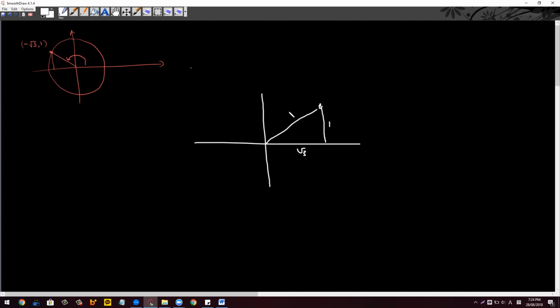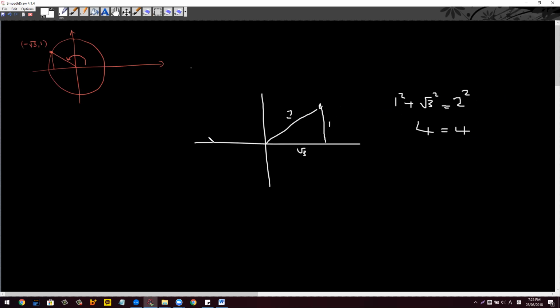This value here. That was 2, right? Yeah, that was 2. Why? Because of the Pythagoras theorem. What's 1 square plus root 3 square? This is equal to 2 square, isn't it? Because that's 4. 4 equals 4.